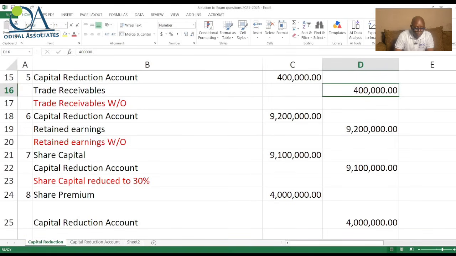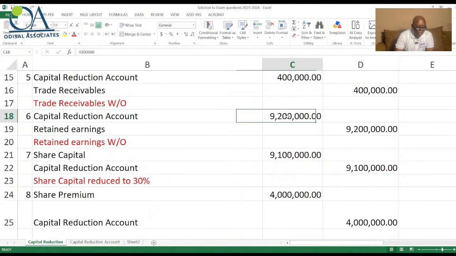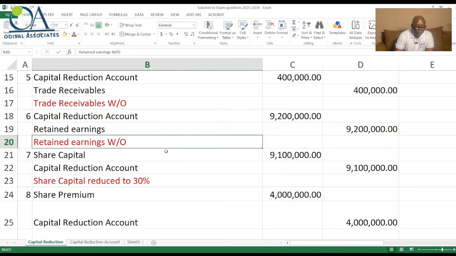So we have to write it off because it's not useful. It's a fictitious asset. Because it was a debit balance, we have to credit it to remove it. Retained earnings is supposed to be a credit balance, but in this case, because it's a loss, it has become a debit balance. So we credit retained earnings and debit capital reduction account to write off that retained earnings.